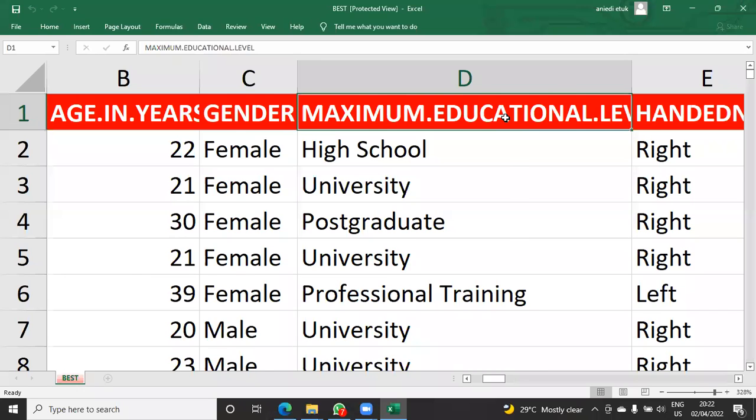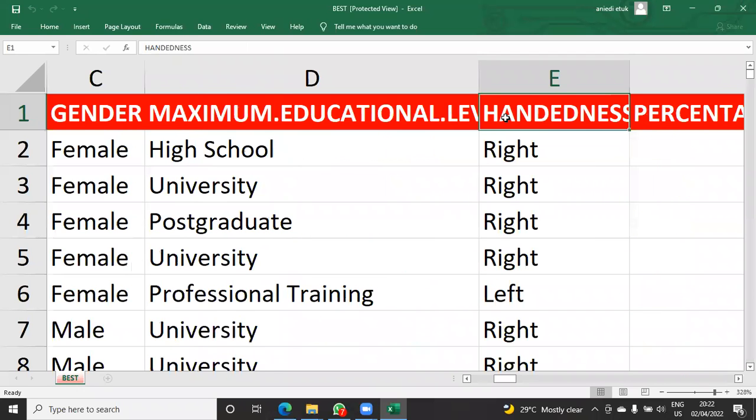Then we have handedness. What kind of categorical data is it? It's nominal, because right hand is not bigger than left hand. It all depends on the person, whether the person is right-handed or left-handed.